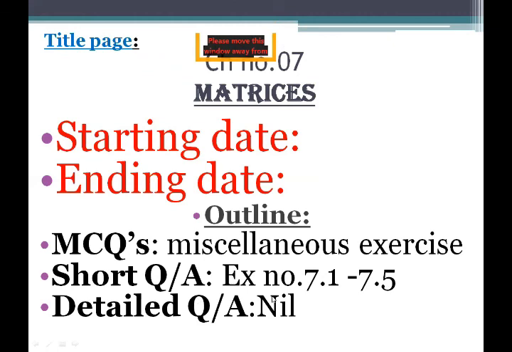It means this chapter is important for short question answers from the board point of view, and detailed question answers are nil from this chapter. So this is the way you will make the outline in your copies. Okay. Take a screenshot of this also.